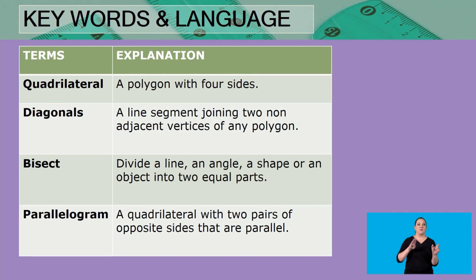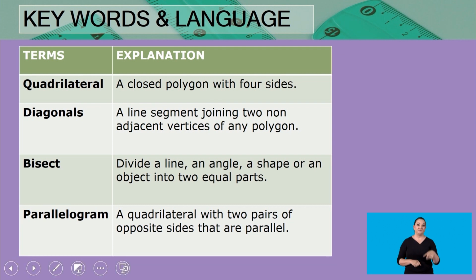Then bisect, which means to divide a line, an angle, a shape, or any object into 2 equal parts. Then a parallelogram, which is a quadrilateral with 2 pairs of opposite sides that are parallel.